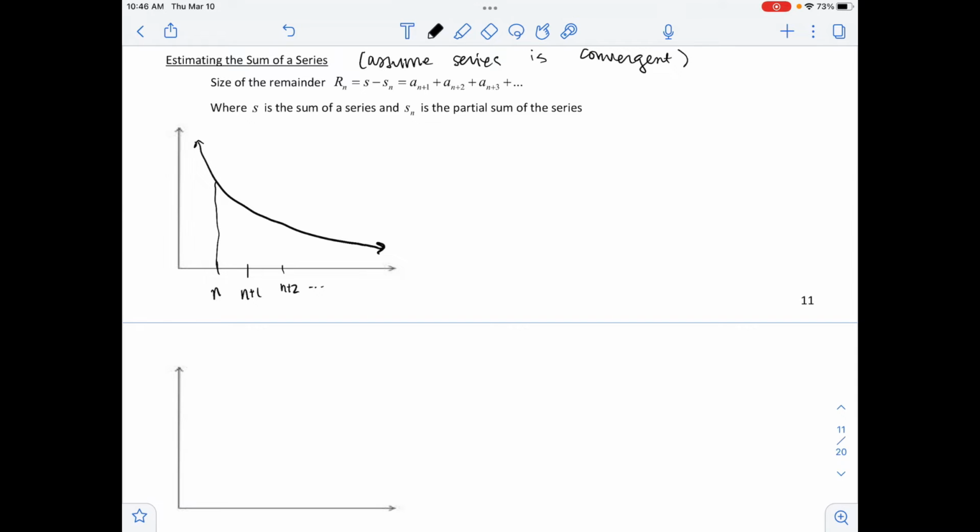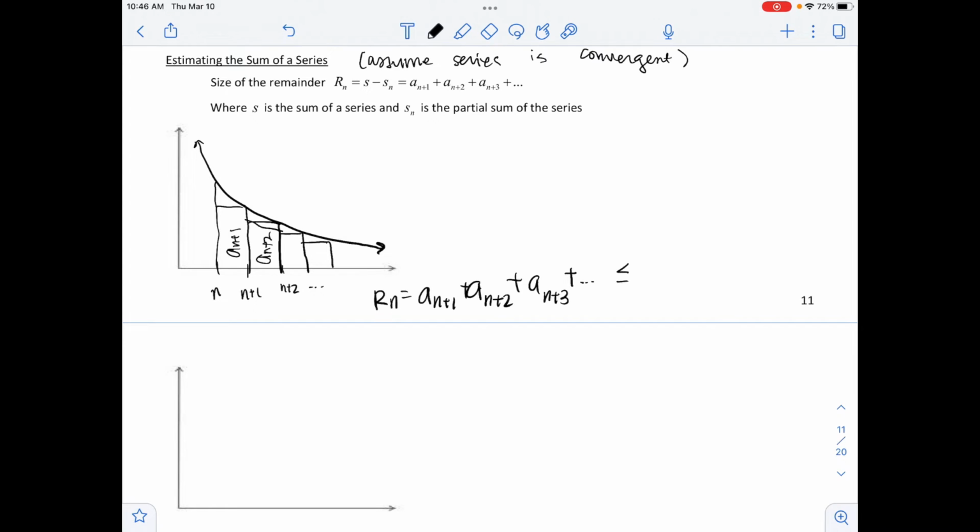And so if we were to use an approximating rectangle for this, we would have a sub n plus 1, a sub n plus 2, and so on, continuing this on. And so we have r sub n is equal to a sub n plus 1 plus a sub n plus 2 plus a sub n plus 3, and so on.